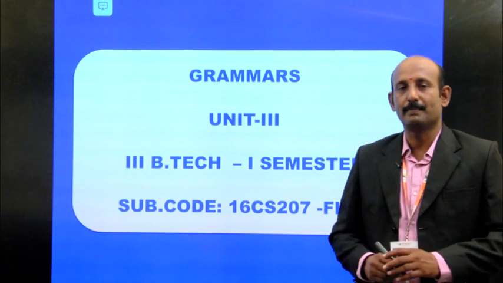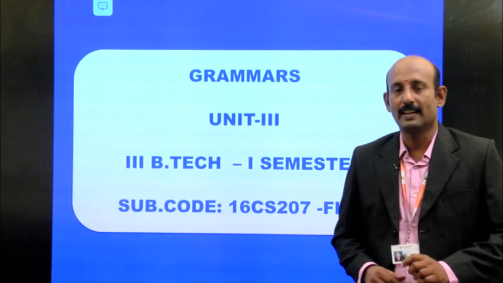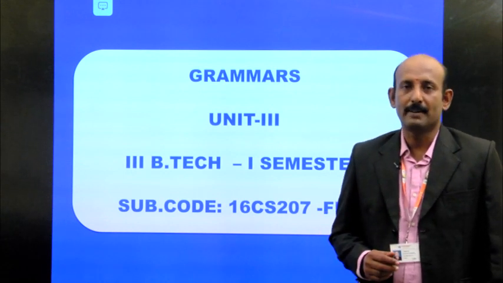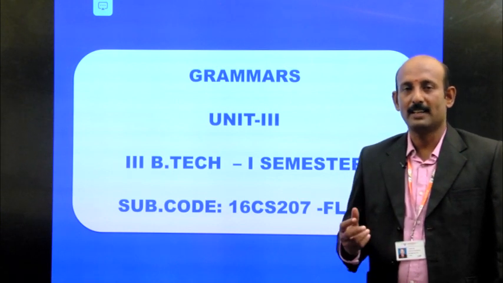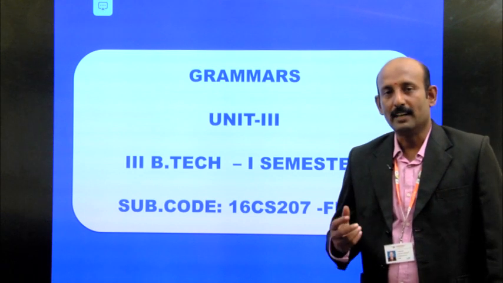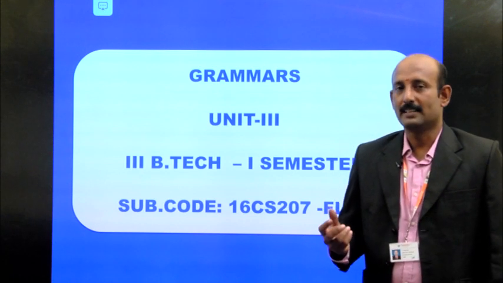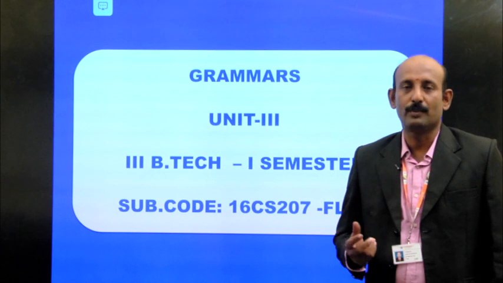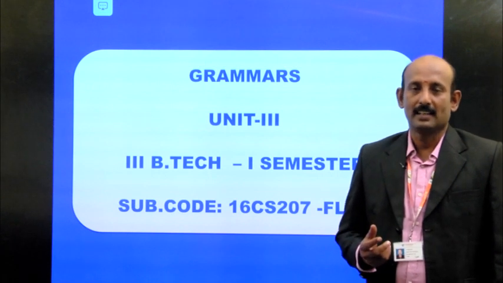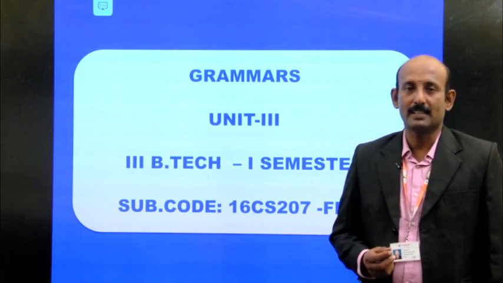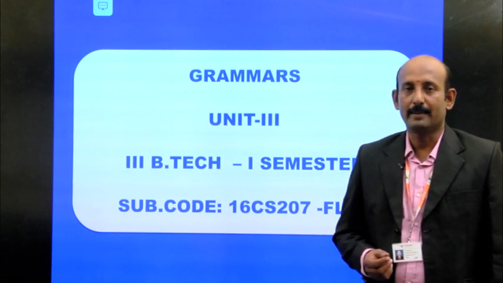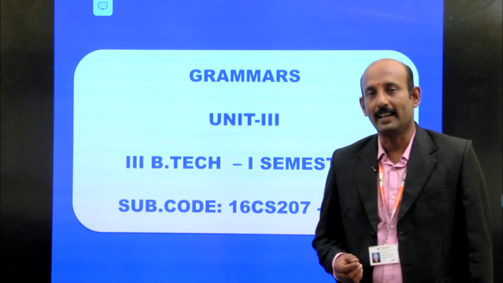In previous sessions, we have seen that the grammar consists of four tuples. The grammar is used to describe the syntactic structures of many programming languages, and there are different kinds of grammars like type 0, type 1, type 2, type 3.